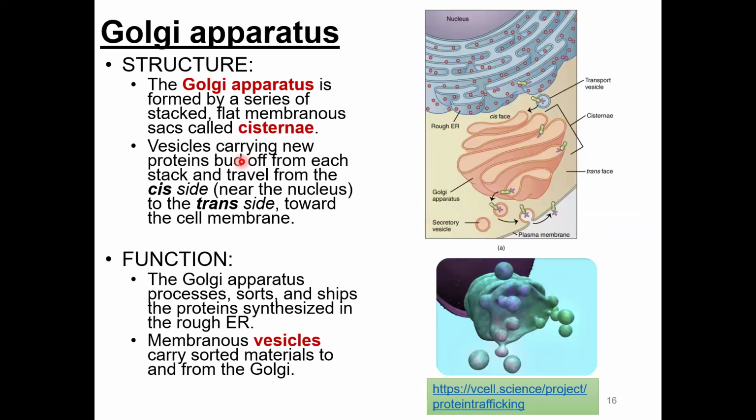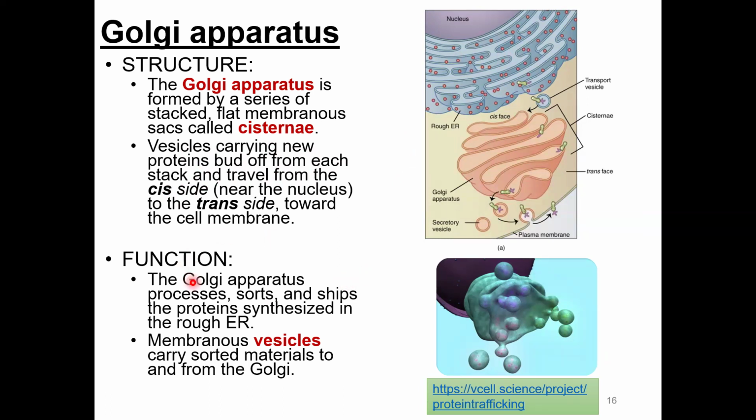These also produce vesicles that carry new proteins and bud off from each other like this, as little secretory vesicles coming off, like these transport vesicles, and travel from the nucleus towards the cell membrane, in that kind of direction.